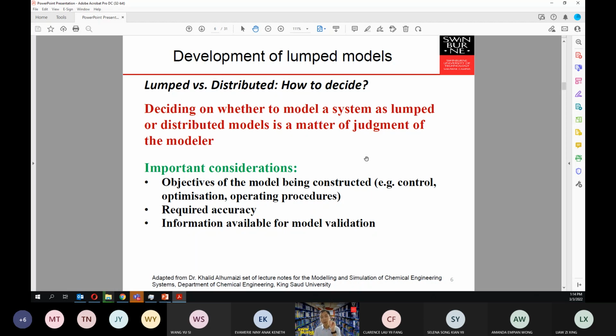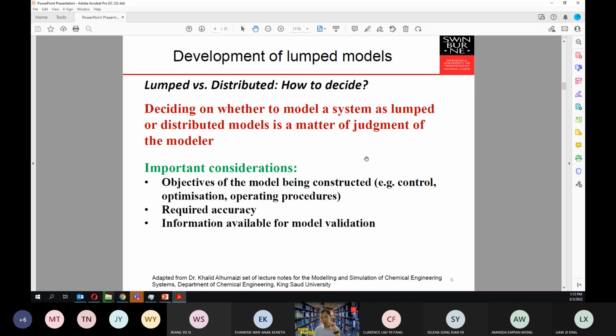This will become clearer for those who have done transport phenomena with me. Has anybody done transport phenomena with me here? I think I saw only two. Most of you have not done transport phenomena, right? In transport phenomena, I describe different levels of models.